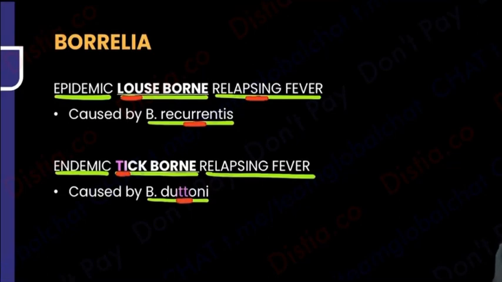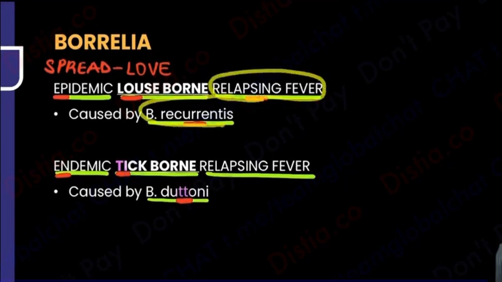Okay, so now how do I learn which is epidemic and which is endemic? So I'm going to say that louse reminds you of love, and you have to spread love all over, not just in endemic, not just in your locality. You have to spread love everywhere. This means love, of course, in today's date, thanks to all the dating apps that we have, love also happens again and again.